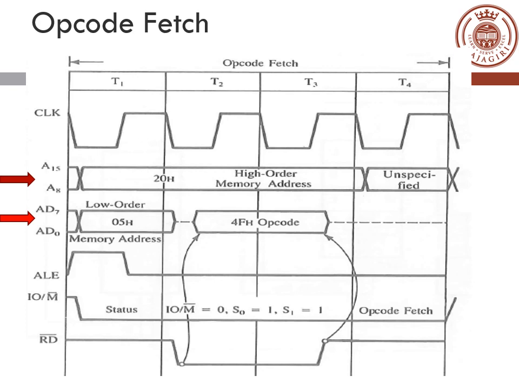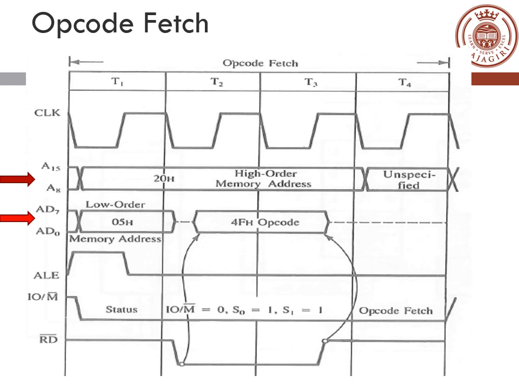In the first state, T1, you can see that the ALE signal goes high. It denotes that this bus AD7 to AD0 is being utilized as A7 to A0, so the lower order memory value will be updated there. When ALE is high, the bus is being used for address.